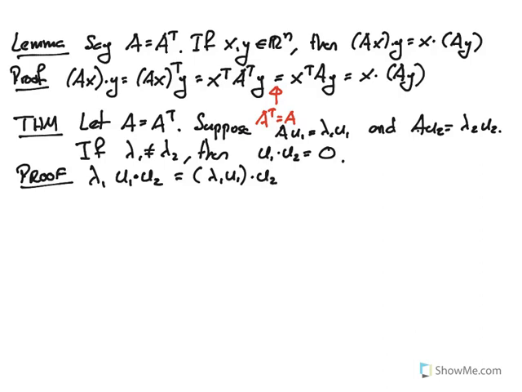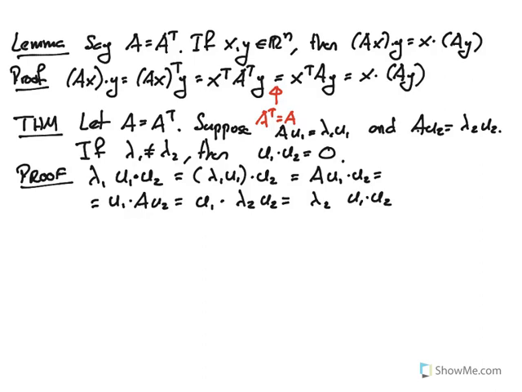Now this is equal to, I can of course write that as lambda 1 u1 inner product with u2. And this is A u1 inner product with u2. Now I use the little lemma, so this is u1 inner product with A u2, which is u1 inner product with lambda 2 u2. And I get this equation.